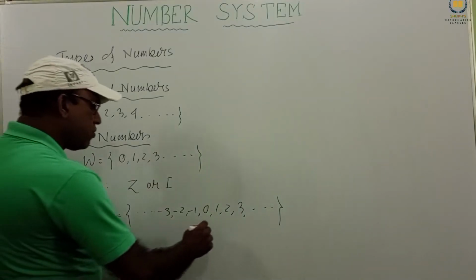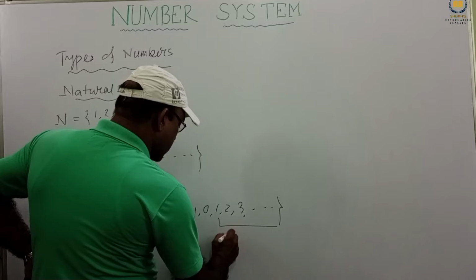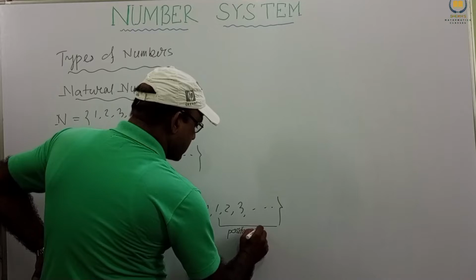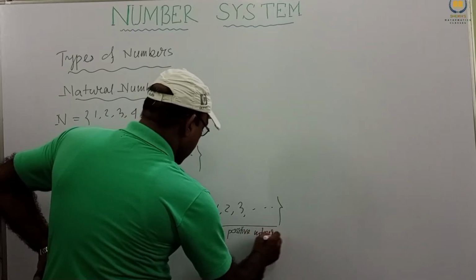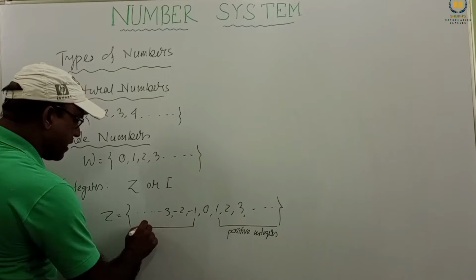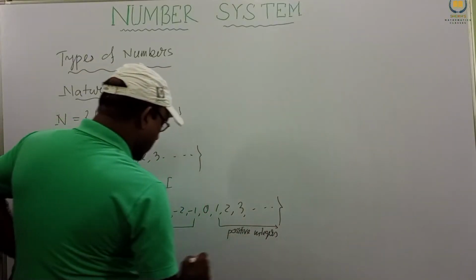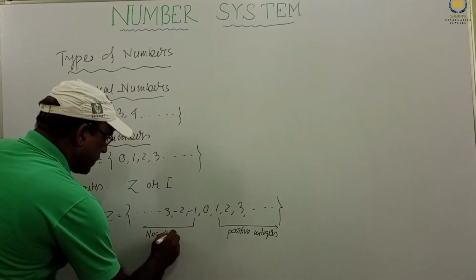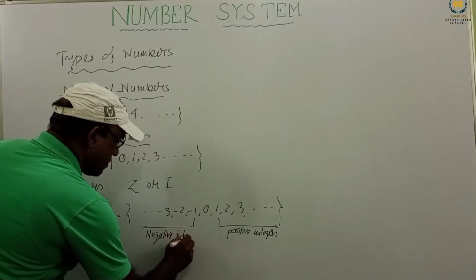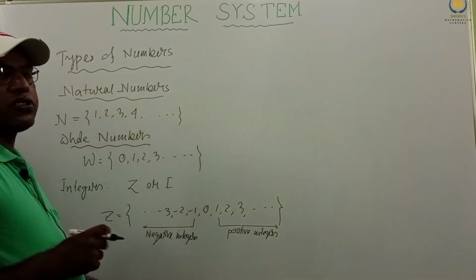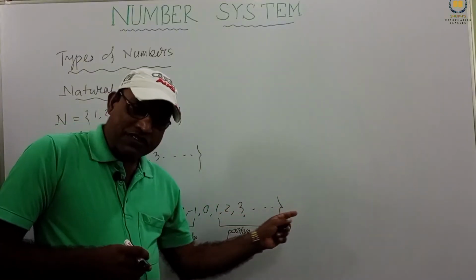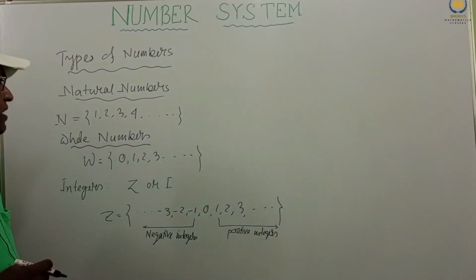From 1 onward, these are called positive integers, and from -1 going this side, these are called negative integers. 0 is neither positive nor negative. Now these are integers.